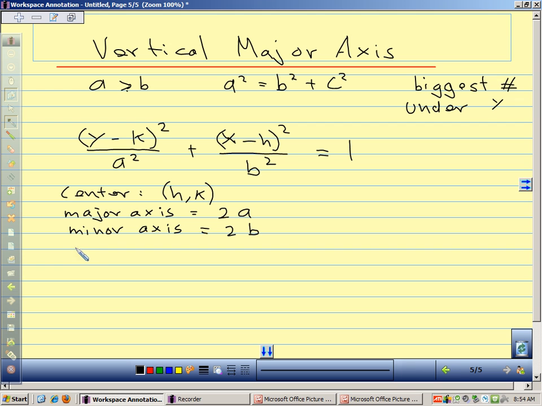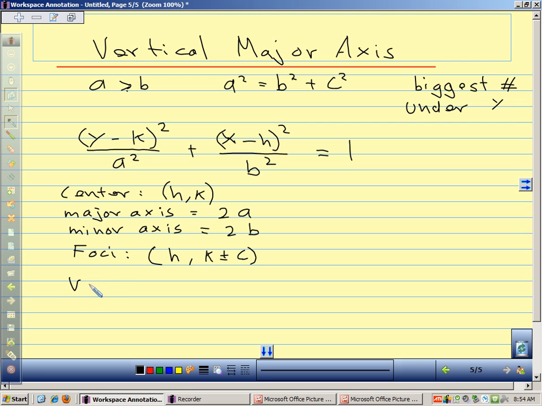The foci, since our major axis is vertical, to get from the center to the foci, we have to go up and down. So we go h, and we do k plus or minus a, or not a, sorry, c. To get to the focus, we go up or down c units from the center.